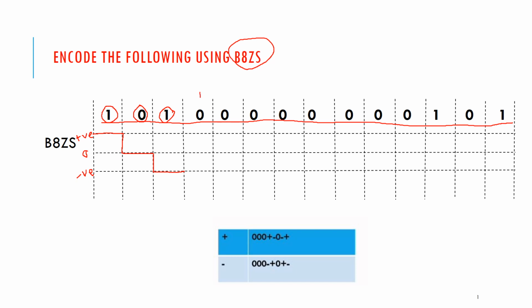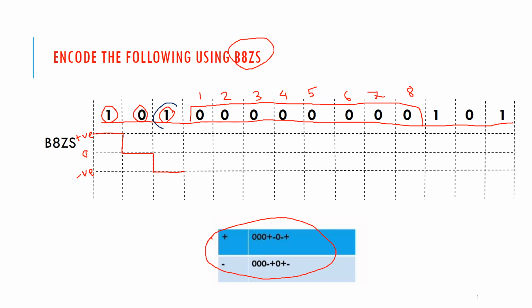Then we see that we have a couple of zeros. Let's count how many zeros I have: 1, 2, 3, 4, 5, 6, 7, 8. Great. We have 8 zeros in the data, so I have to do my substitution. When I'm doing the substitution, I'm going to be consulting this table. I have 8 zeros, and the polarity of my last one is on the negative, right?